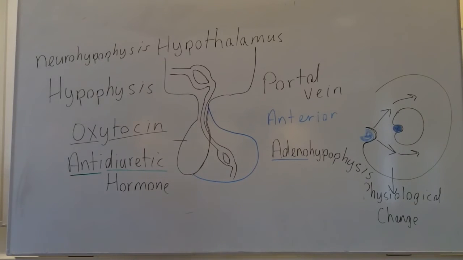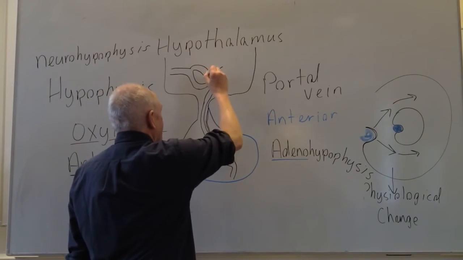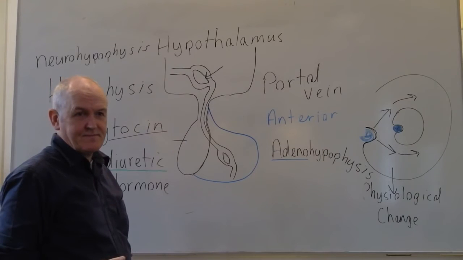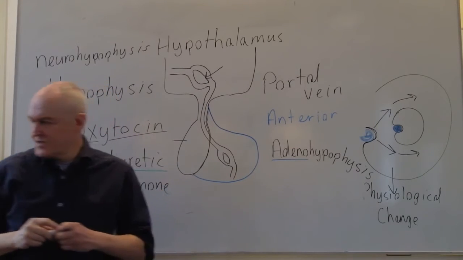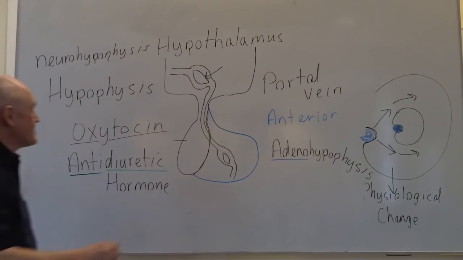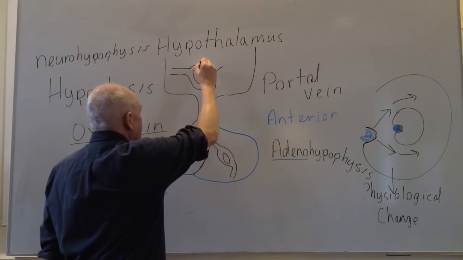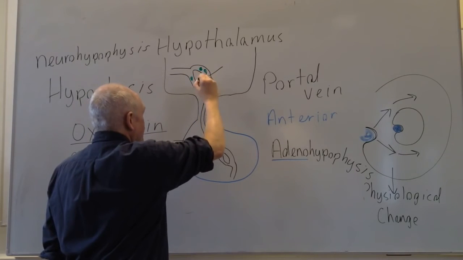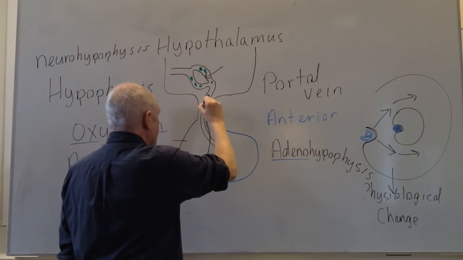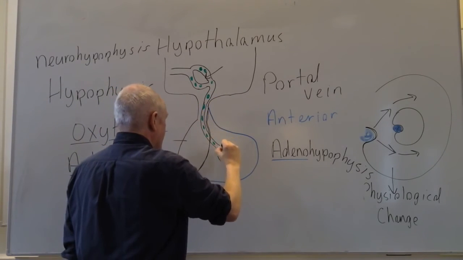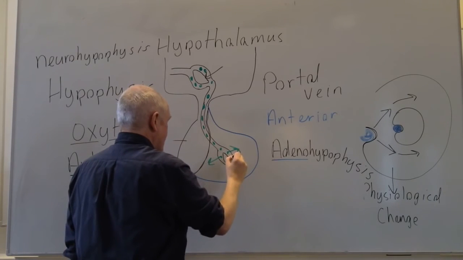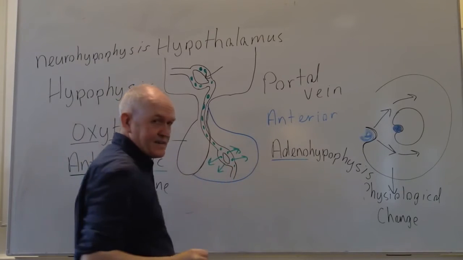And what's produced here are products that have different names in different textbooks, but we can call them releasing hormones. So releasing hormones, in very small amounts, go into the blood in the hypothalamus, go down through this portal vein into the anterior lobe of the pituitary gland.